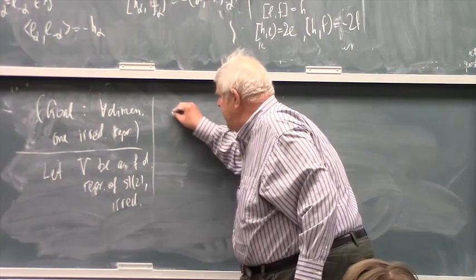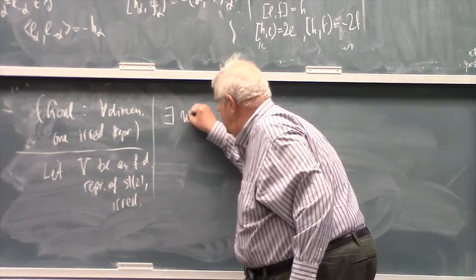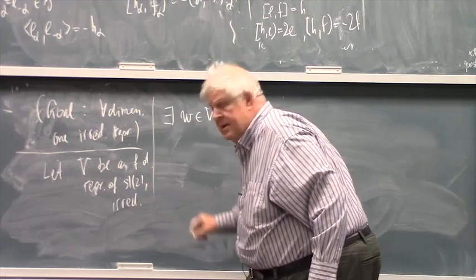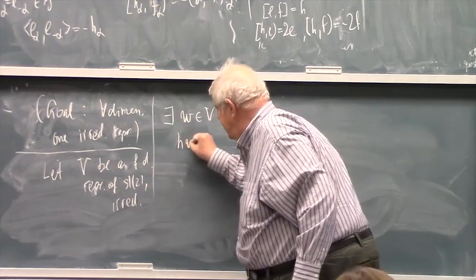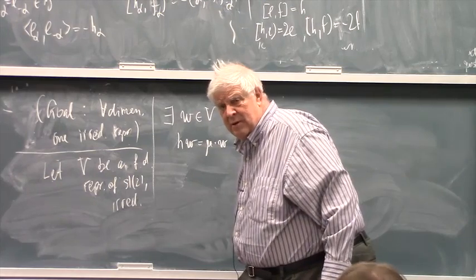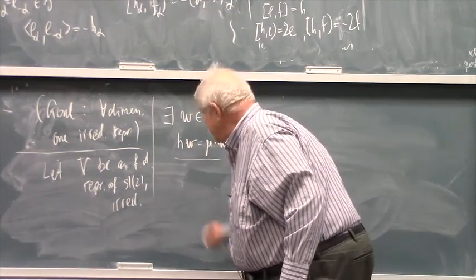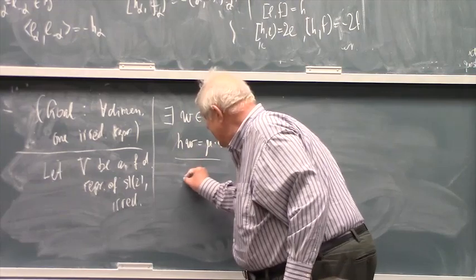So there is some W in V, and I fix it, so that HW is equal to mu times W for some complex number mu, right? Wonderful. What if I take this W and take EW?